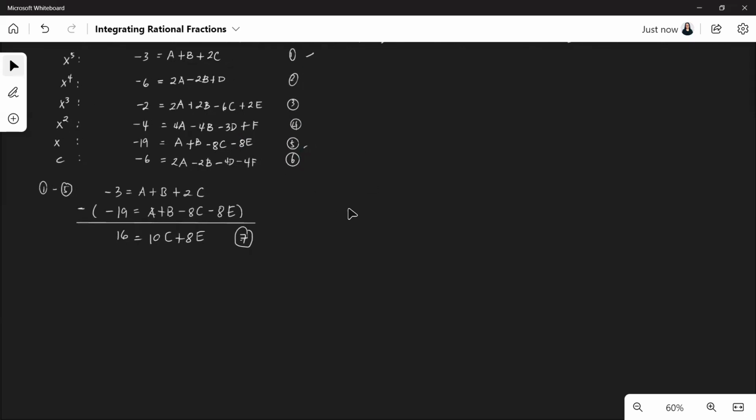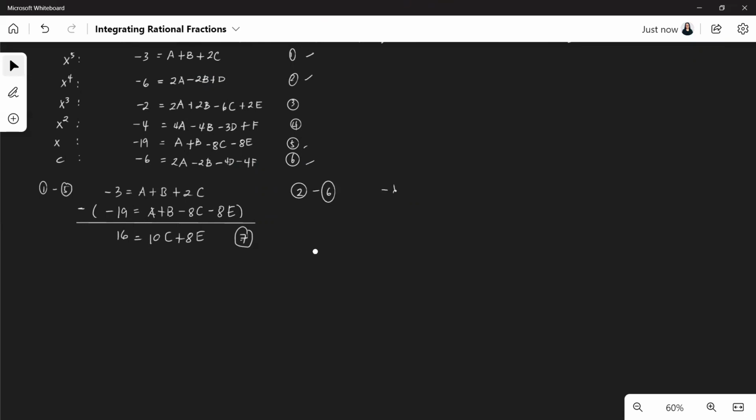So let's try reducing equations 2 and 6 because they have common 2A minus 2B and a D. So from A, B, D, and F, it will now be reduced to just D and F. We can perform subtraction for 2 and 6.